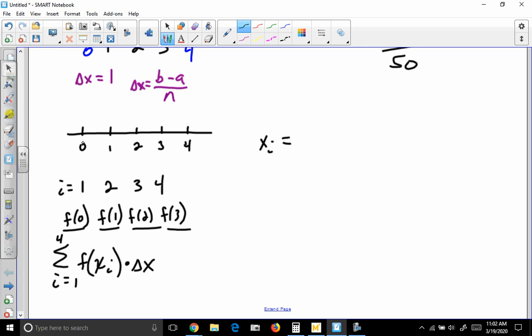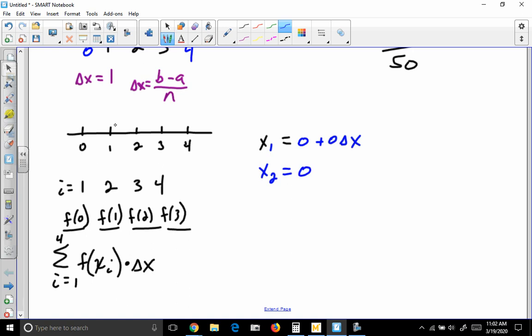So we need a formula for x sub I. The left side of our interval is our starting point. And notice the first time we don't go over a delta x. We just use 0. So we go over no delta x's. So that's our x sub 1. For our x sub 2, we started at 0.